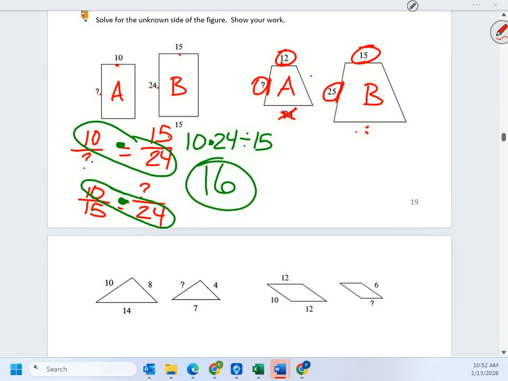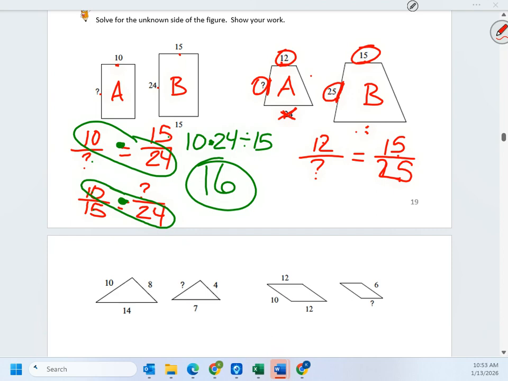Now, how should I set up my proportion? Joe? 12 over question mark equals 15 over 25. Yeah. Because I have short A over long A, short B over long B. Oh, you could also like what?